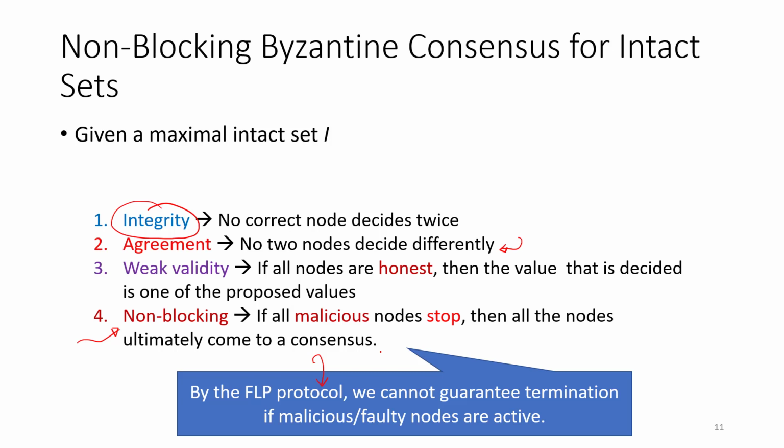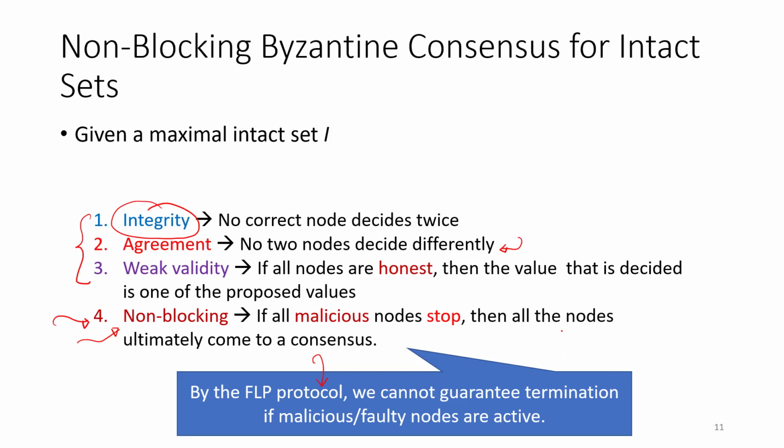But the point is that if malicious and faulty nodes are not active, you should be in a position to guarantee termination of the consensus algorithm. So the first three follow from consensus, and the fourth one follows from the fact that you would like to ensure a minimum amount of liveness in the system.